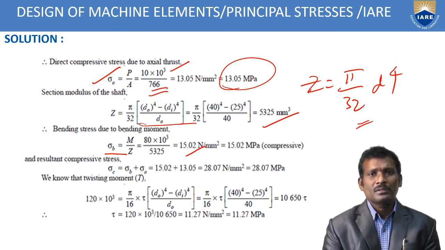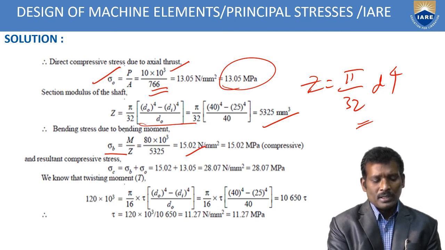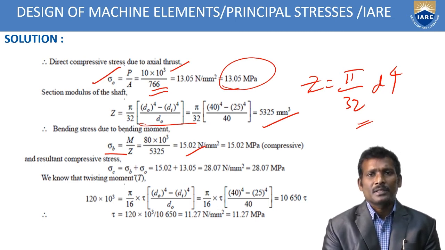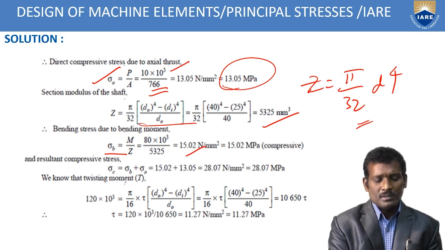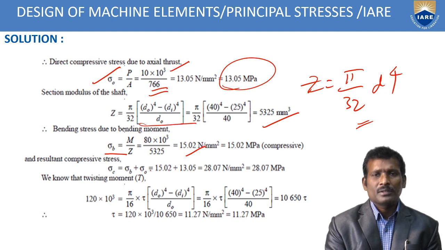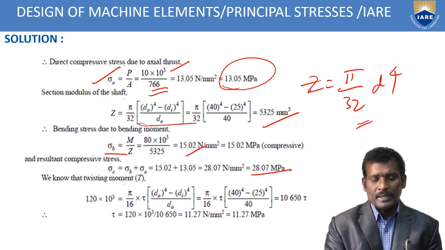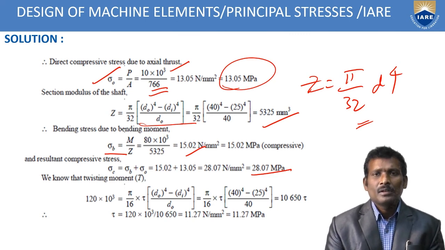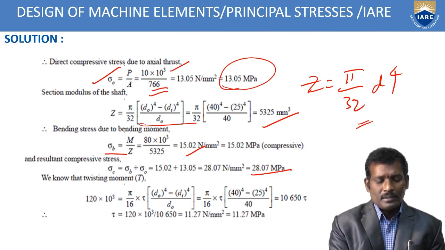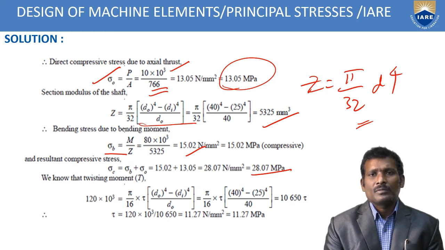The nature of the bending stress is also compressive. So the total resultant compressive stress is σc equal to σb plus σc, the sum of these two. So we will get 28.07 megapascal.